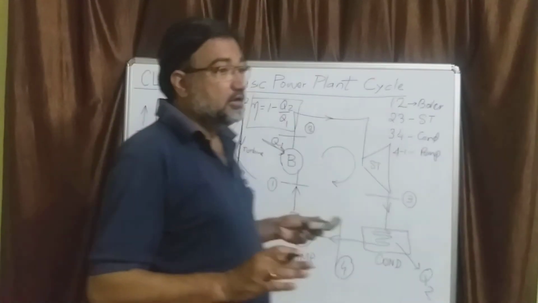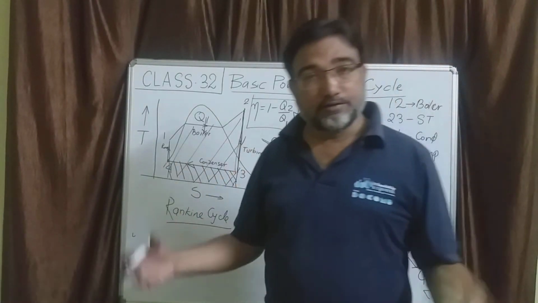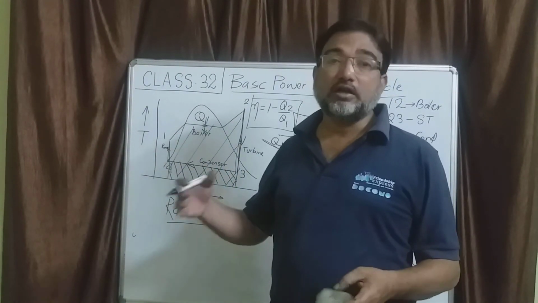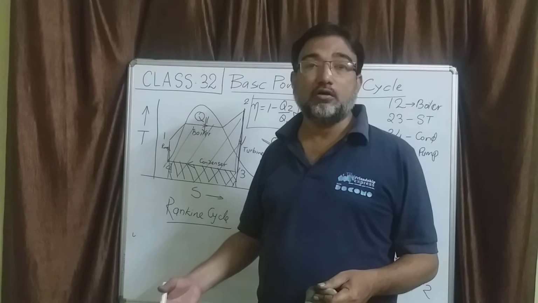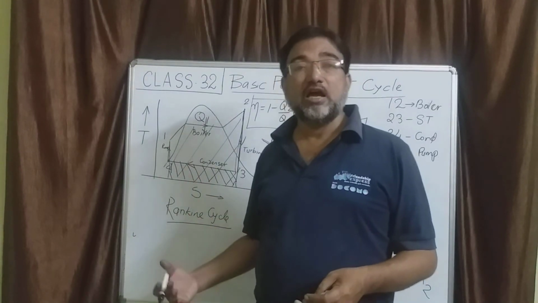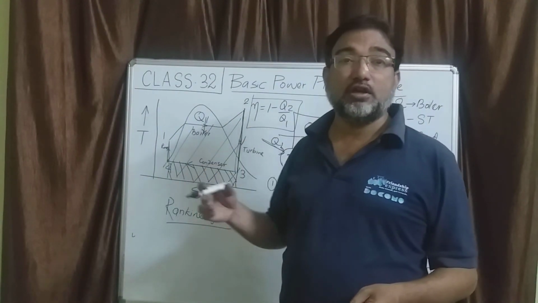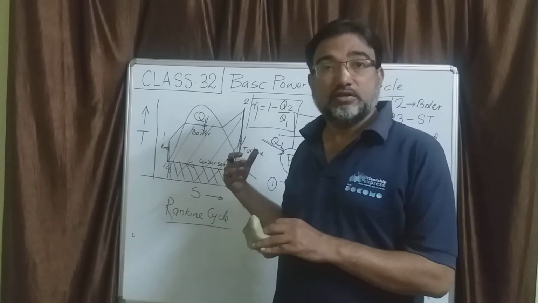So this is the basic cycle on which we will discuss what modifications are done later on, how we analyze this cycle, and how we locate points 1, 2, 3, 4 in the Mollier diagram because it is for steam.